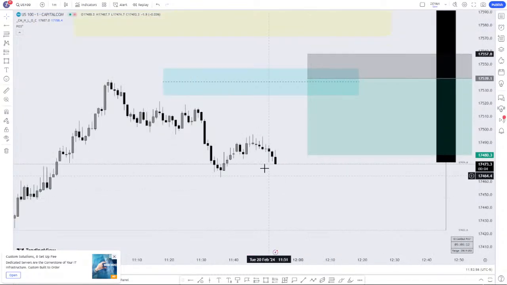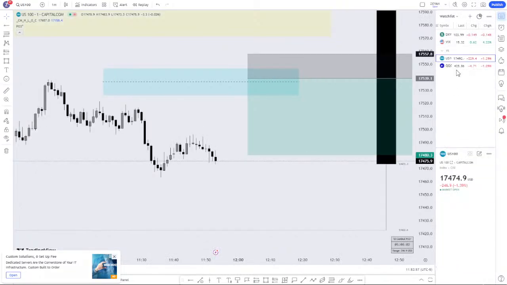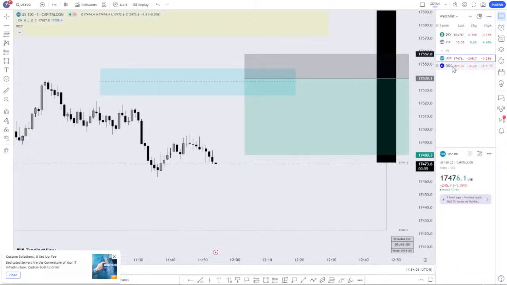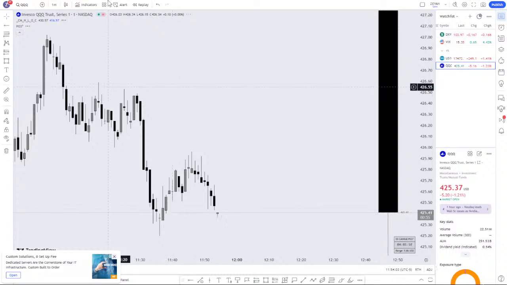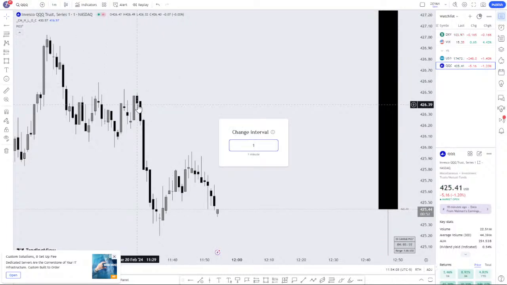So we were at the QQQ, the early reversing, 1 hour.